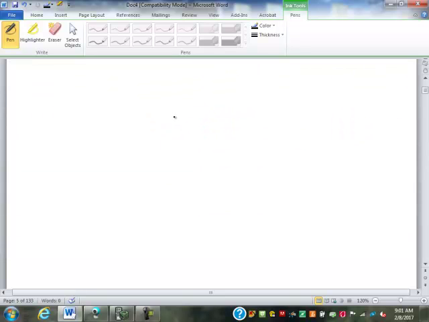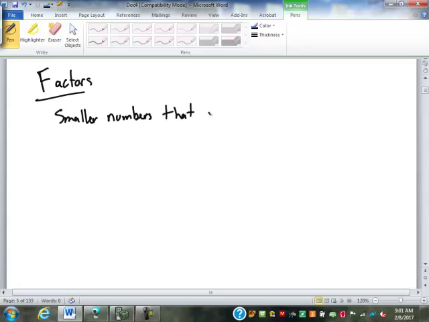Why do we care about factoring? Well, there are some things we can do with factoring. Remember, we talked about factors, those numbers that go into another number, divide in. So factors are smaller numbers that divide into the other numbers.